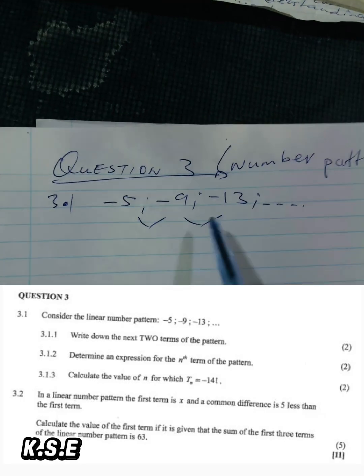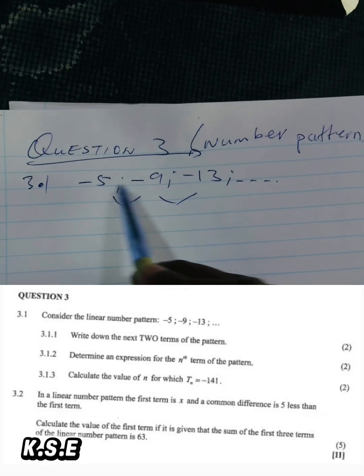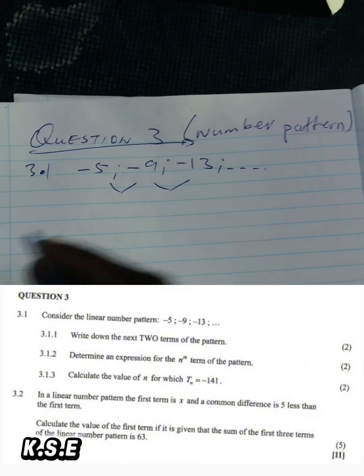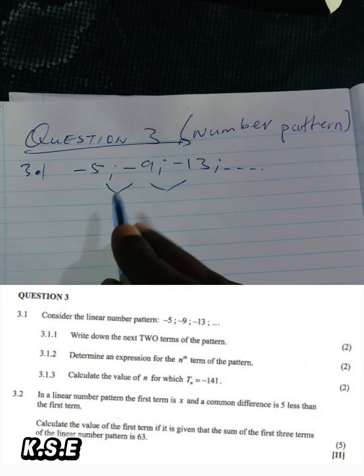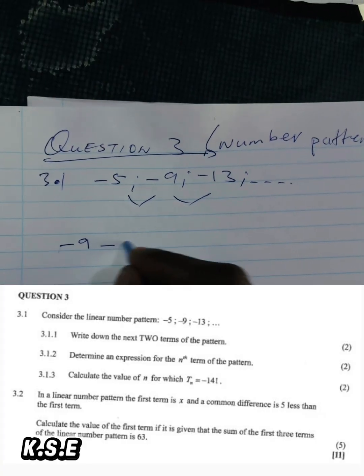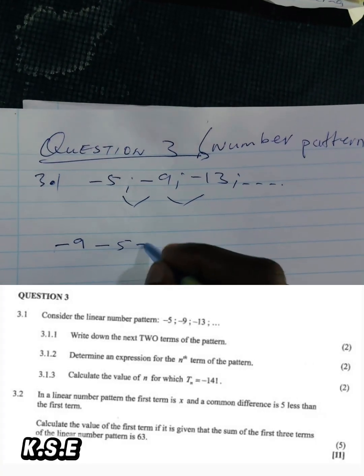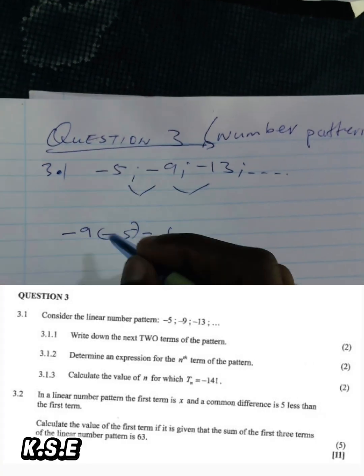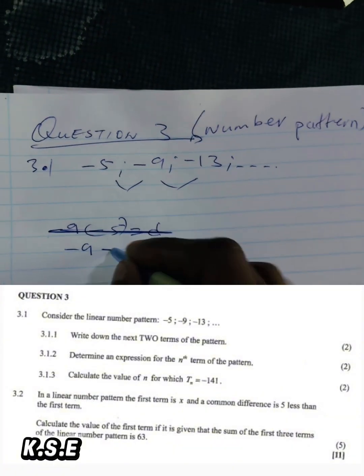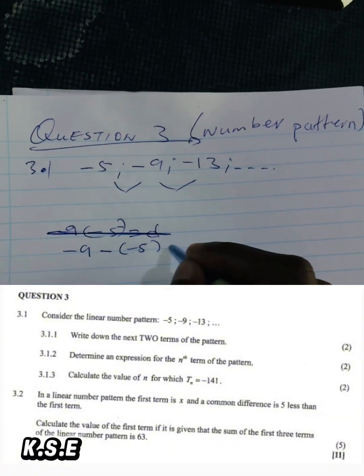We're going to say -9 minus -5, which is the difference. Oh sorry, I have to do it like this, don't forget, this is very important. Do not do it like that, do it like this: negative, open bracket, -5.